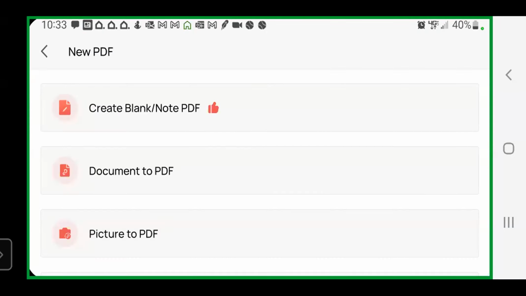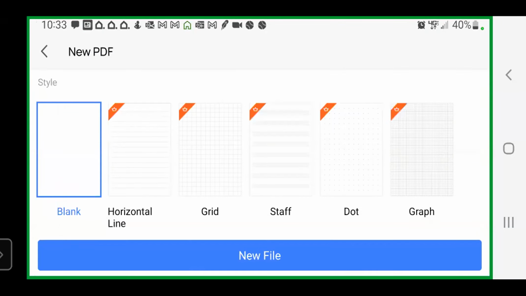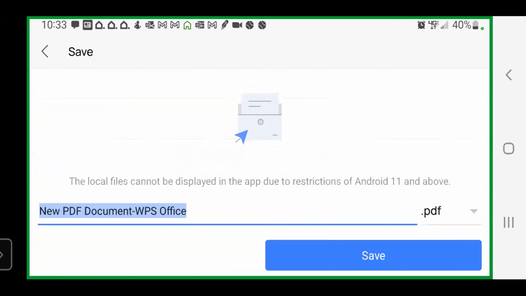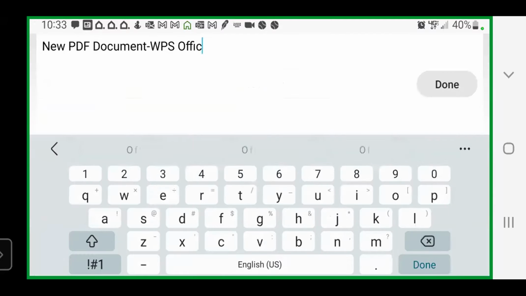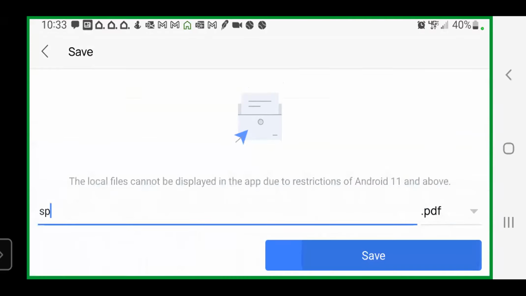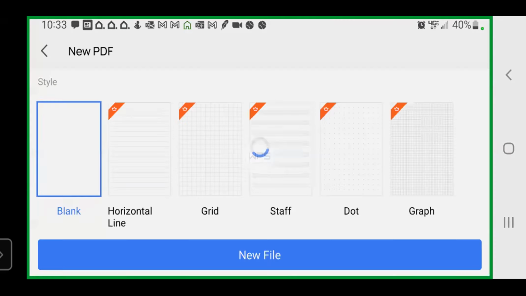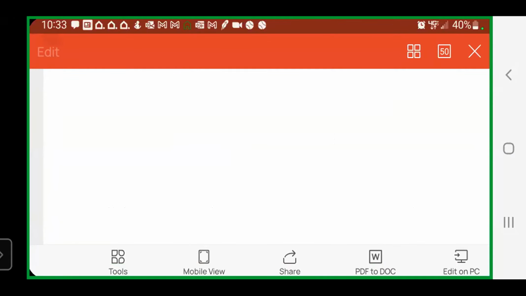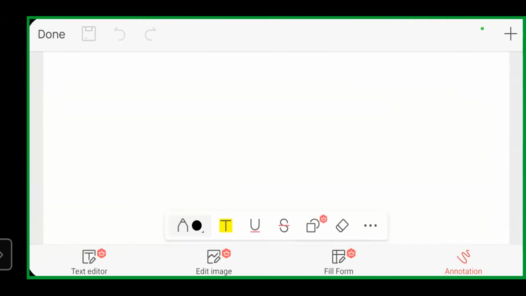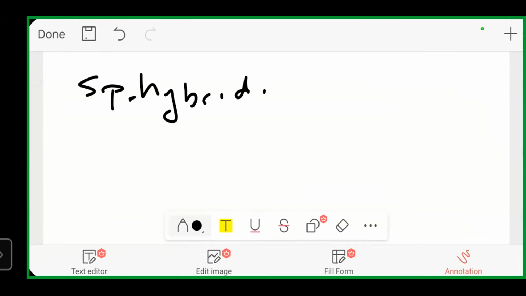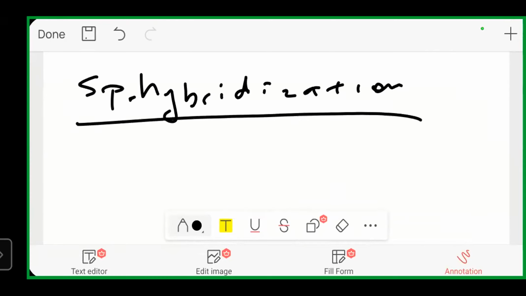I'll just make it a PDF. I'm going to combine all this so that it'll be coherent when I post it to Blackboard. Okay, so now we're going to talk about sp hybridization.